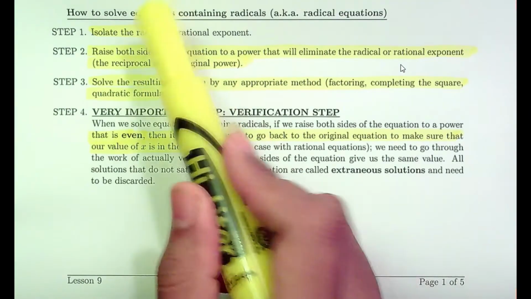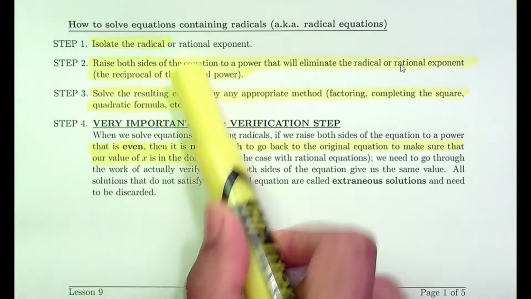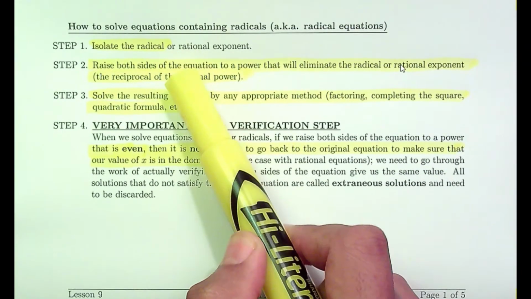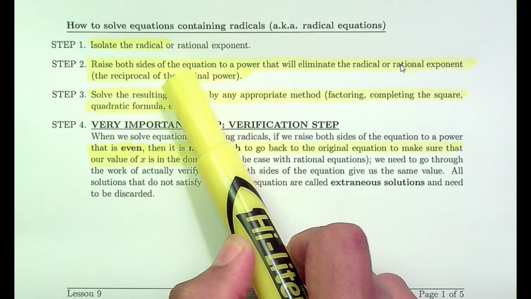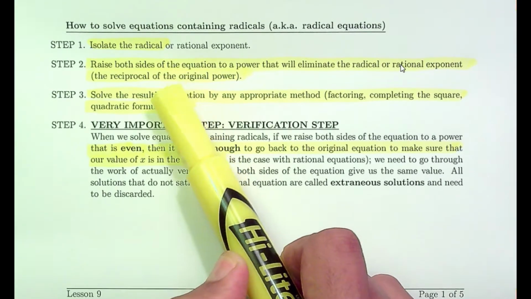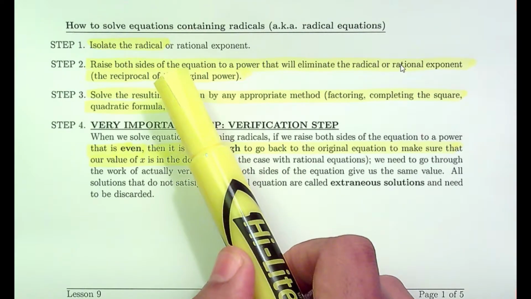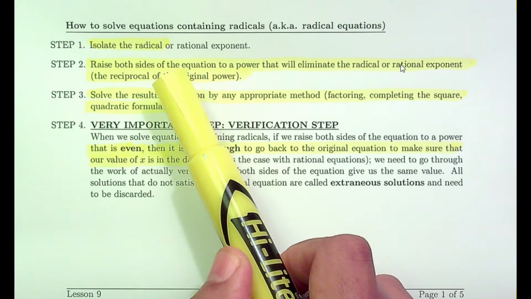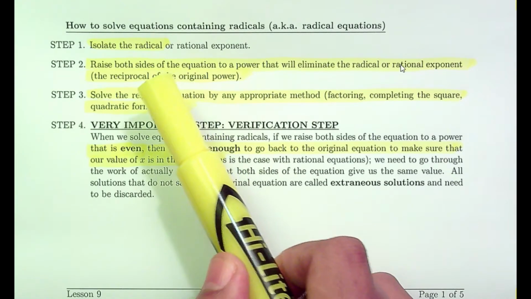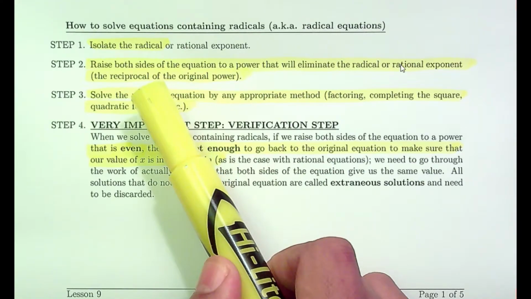Because this procedure is actually going to give you the potential solutions, or the possible solutions, but not necessarily the solutions. It might give you, let's say, 3 numbers that could potentially be solutions, but only one of them works. Or maybe 2 of them work, maybe all of them work, or maybe none of them work.